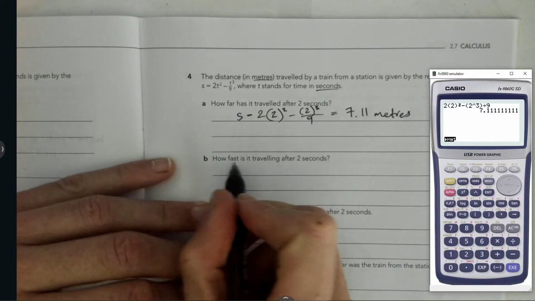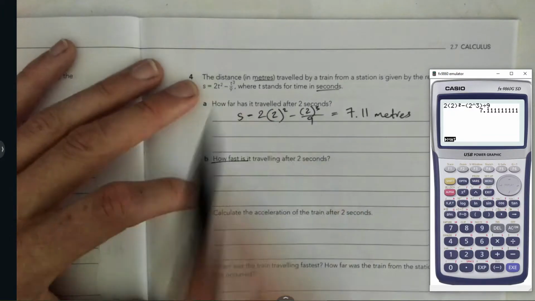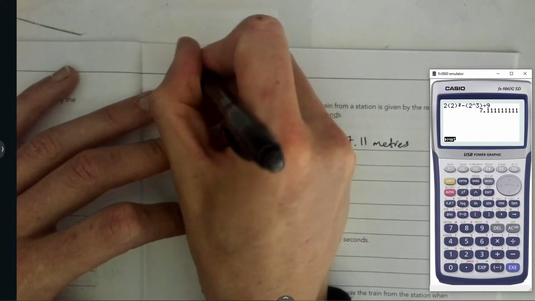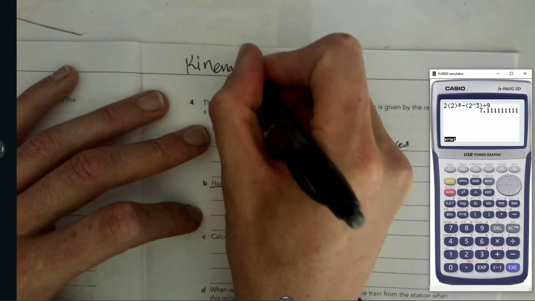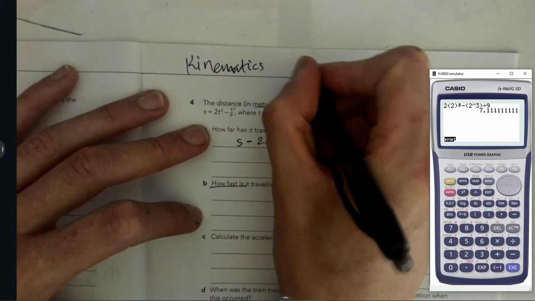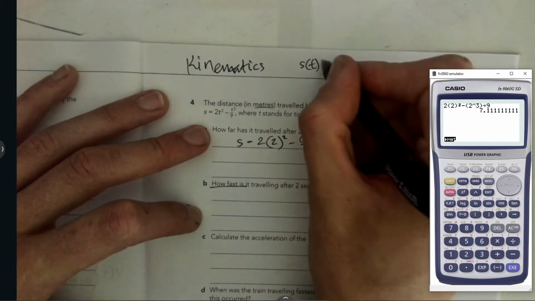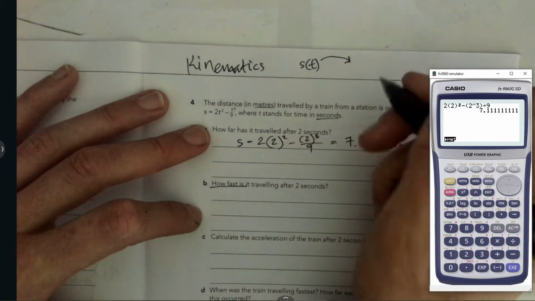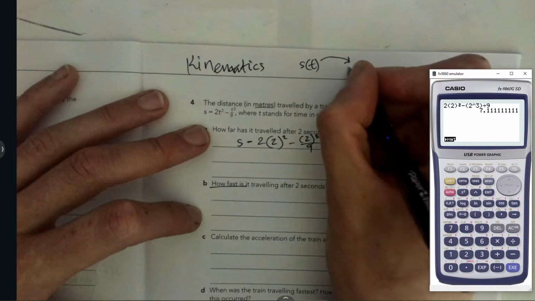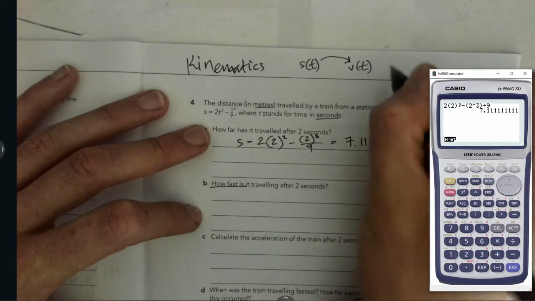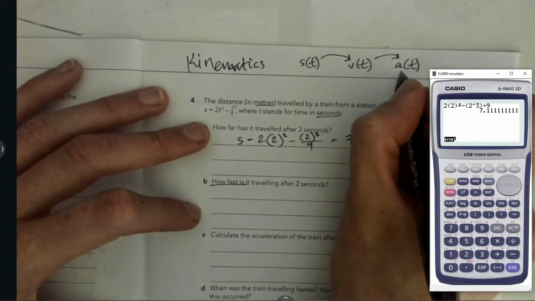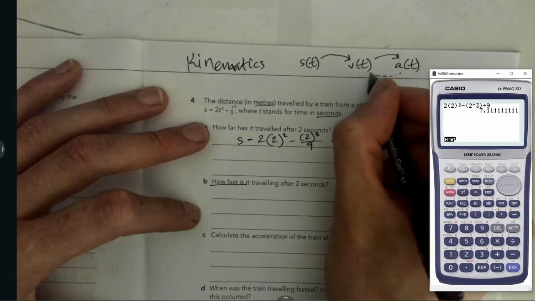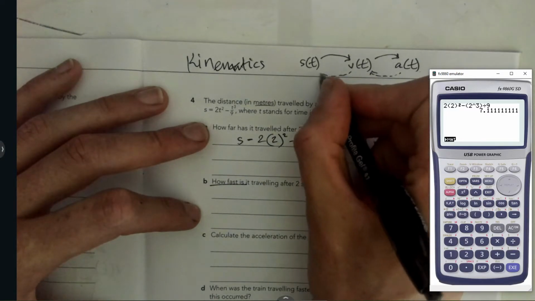How fast? Okay, so we start off with distance. So with kinematics, we've got to remember that we get S of t, which is displacement, then that differentiates down to our velocity in regard to time, and then that differentiates down to our acceleration in regard to time. And then we also know that we can anti-differentiate to get our reverses.